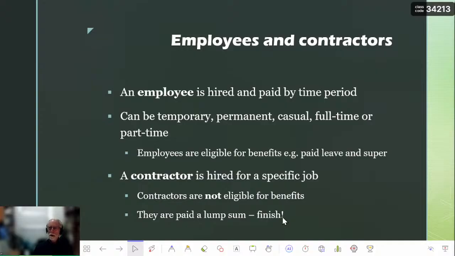For instance, if you're growing coffee gardens, and you've got to weed a certain area, you say, okay, today and every day you're going to weed 300 coffee trees, let's say. When they've done the job, they get the money, they go home.